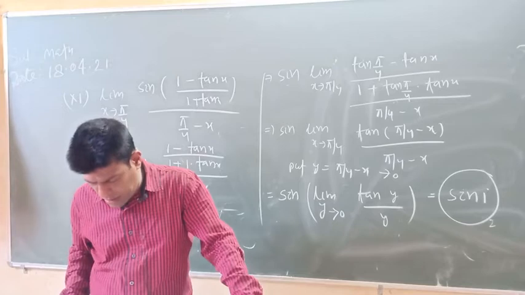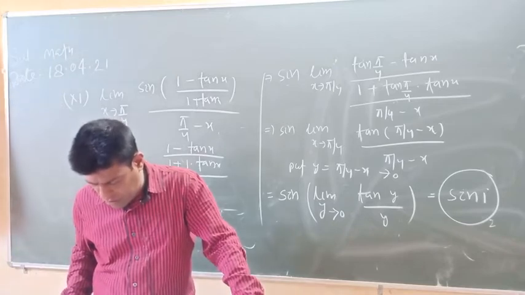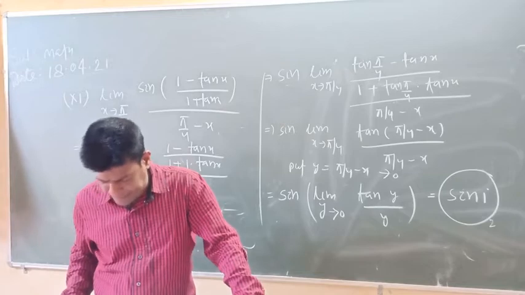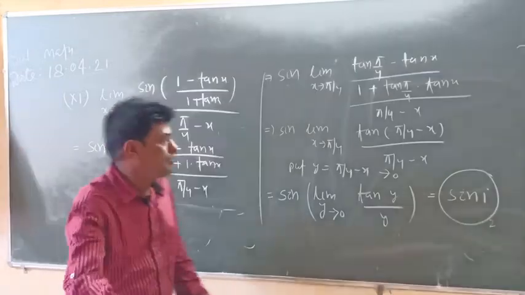Okay, now the formula is limit x tends to pi by 2 of log of (1 minus sin cube x) by cos square x. That is your problem.